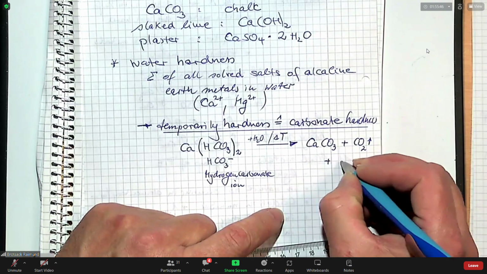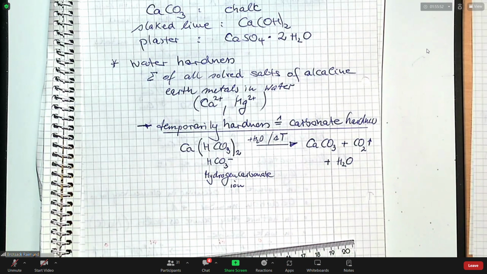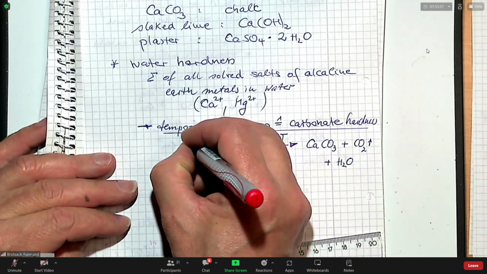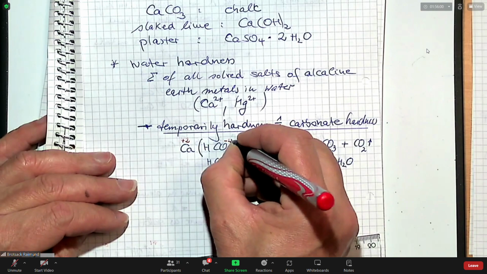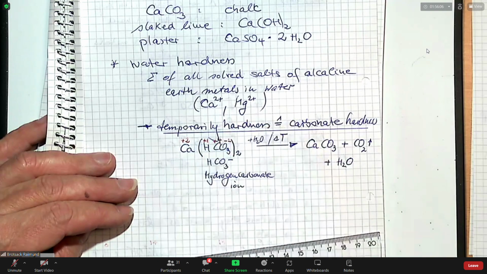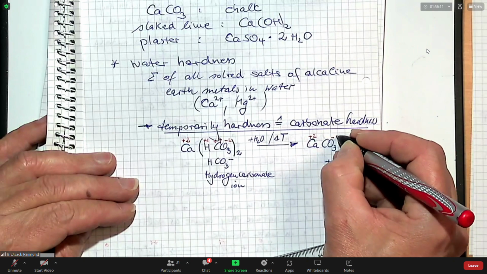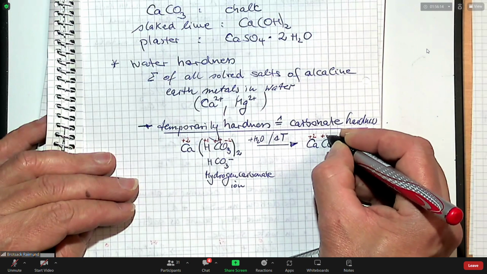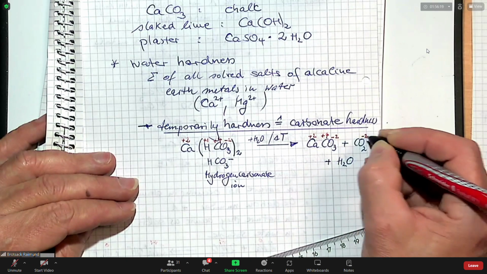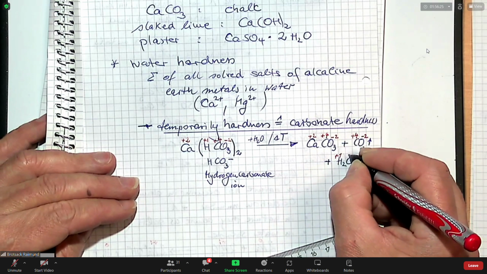And we will have water which is remaining. When we look at the oxidation numbers, we have +2, we have -2, we have +1, we have +4. Here we have +2, we have -2, we have +4. Here we have -2, we have +4. Here we have +1, we have -2.